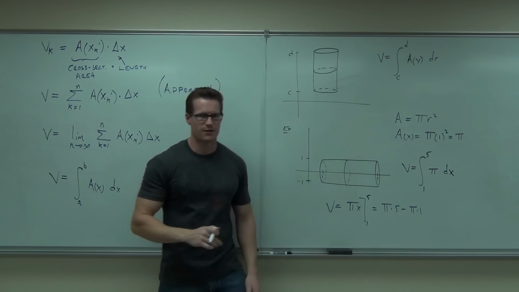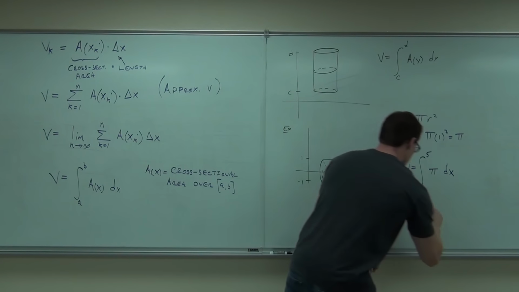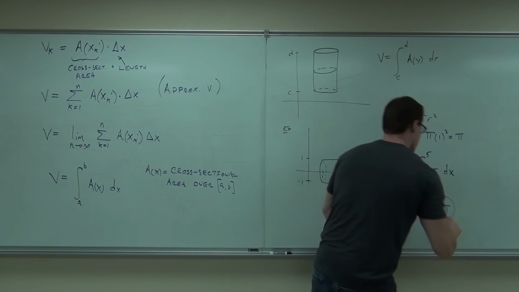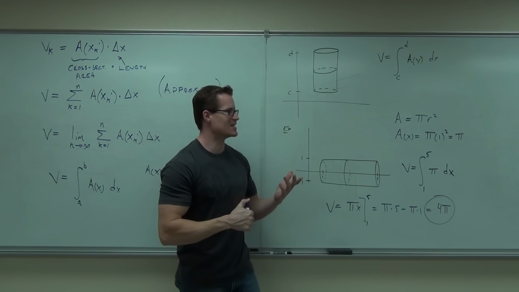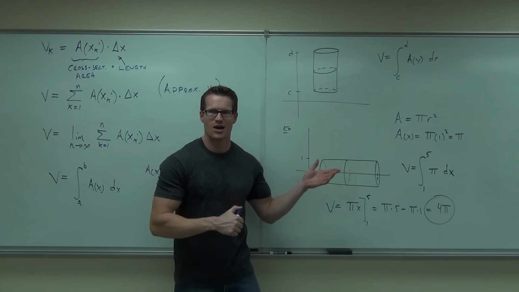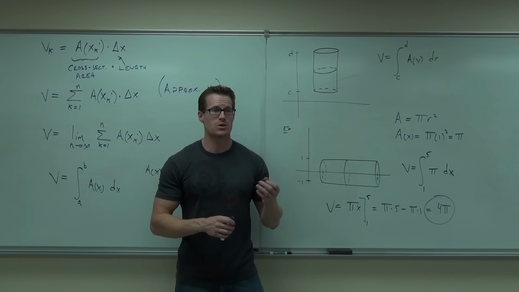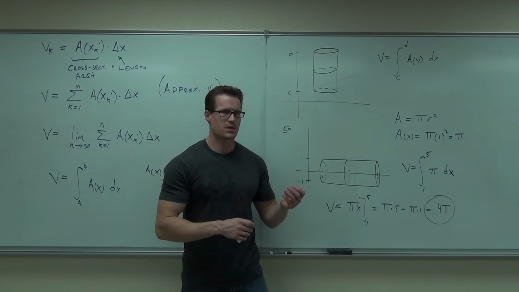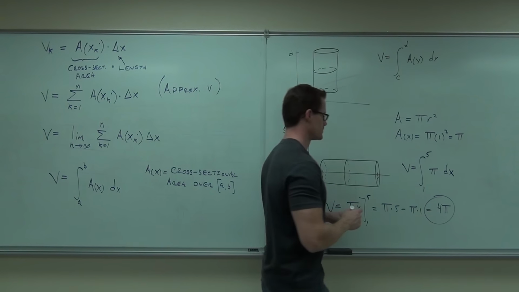What's that? 4 pi. That's kind of neat, until you realize you can do this without calculus. But it's neat that you're able to find the volume using calculus. Now, let's be clear that this is true, because this is simply a cylinder, right? What's the volume of a cylinder?